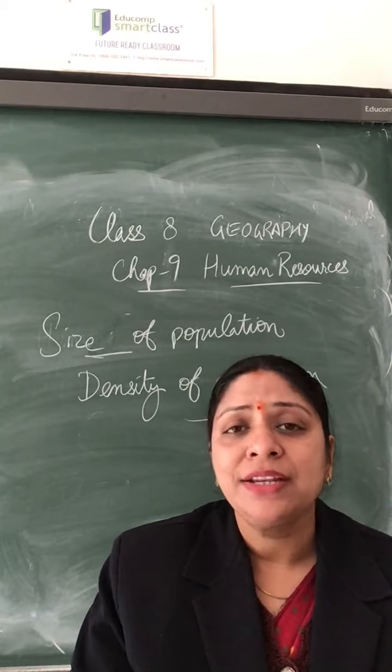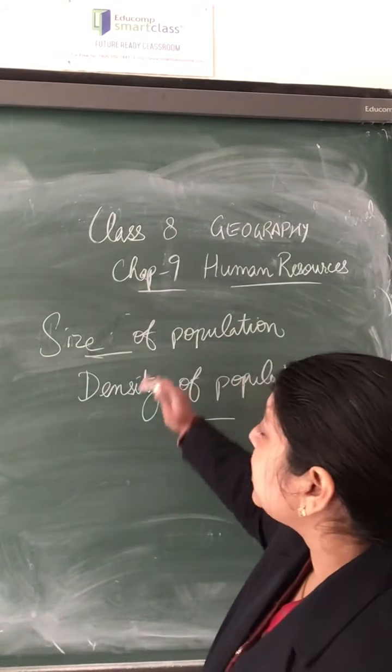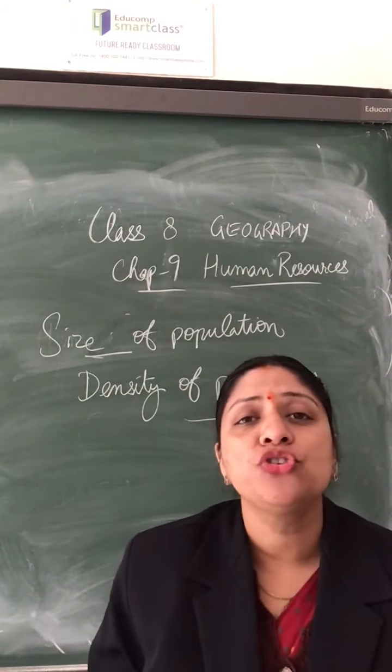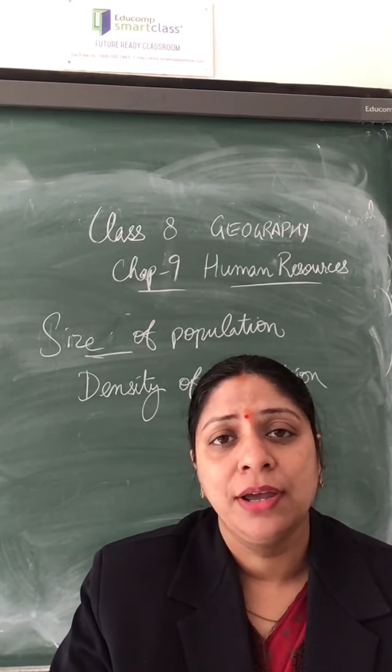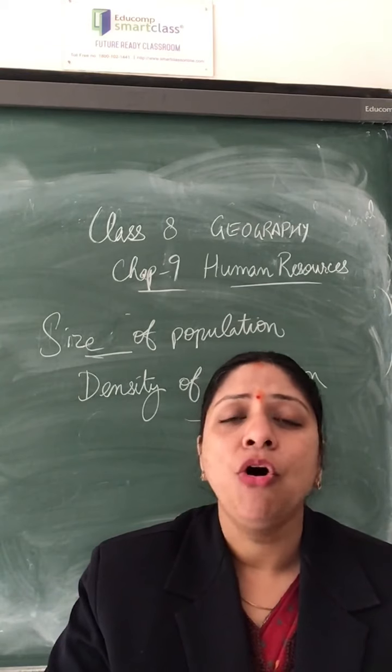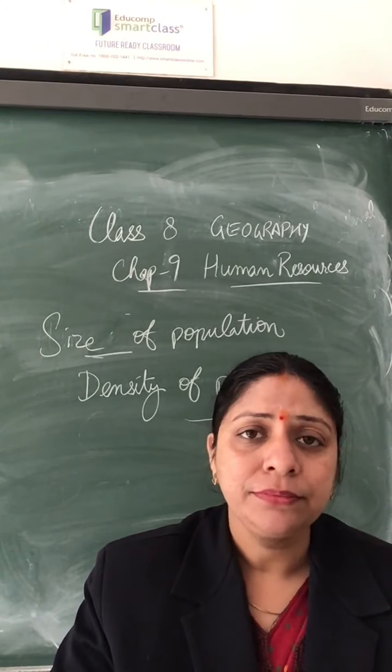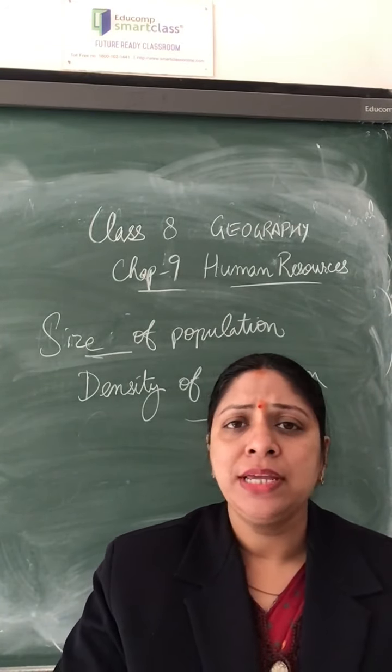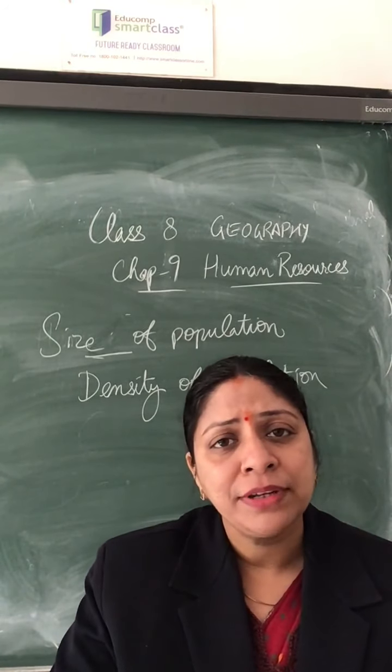So we can relate them like this: the size of population is directly proportional to the density of population. Suppose you talk about the plain area where all the facilities are available, and therefore obviously more and more people will be living there.